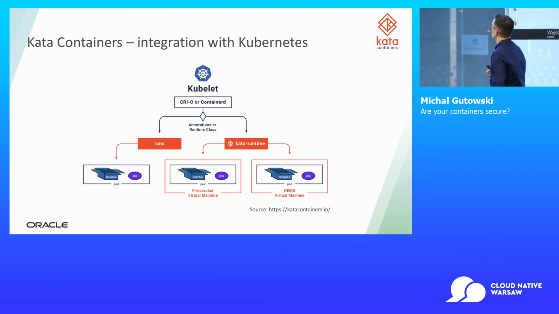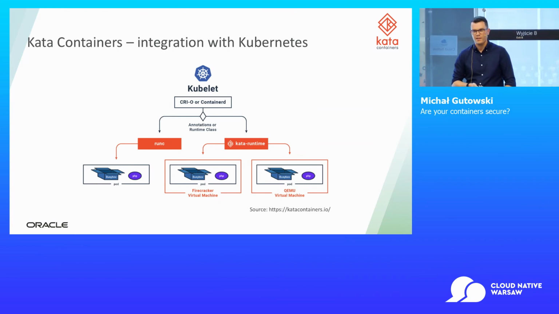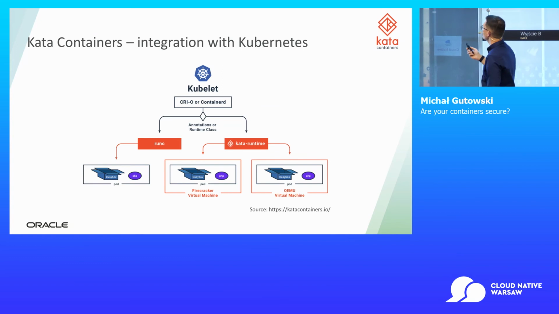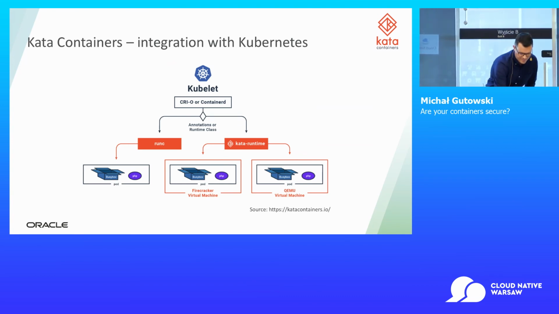For example, we as Oracle are using QEMU, which is a standard kernel hypervisor. The AWS guys are working on Firecracker, which is a really light, nice hypervisor. And Kata works with both of them. So you're just changing the runtime, and the cluster stays the same.